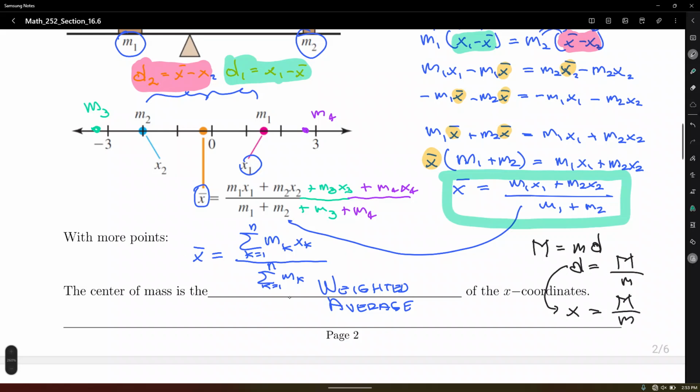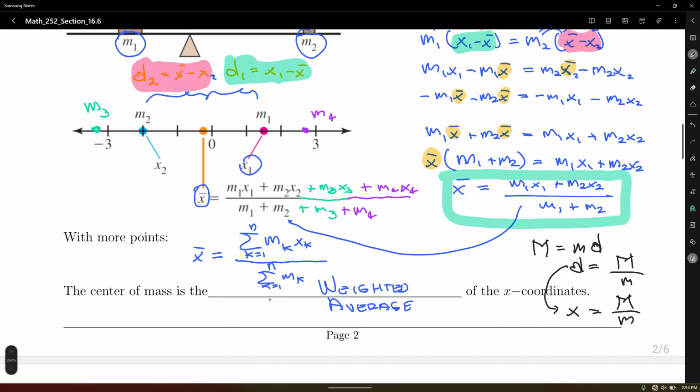Now, you may have seen this formula before if you have taken a statistics course, because that's used to find what we call the weighted average. That's when you're finding, for instance, your GPA, when you're taking classes that are 3 units, 4 units, 5 units. Those classes contribute to your GPA with a higher weight than others. The more units, the more weight to your GPA.